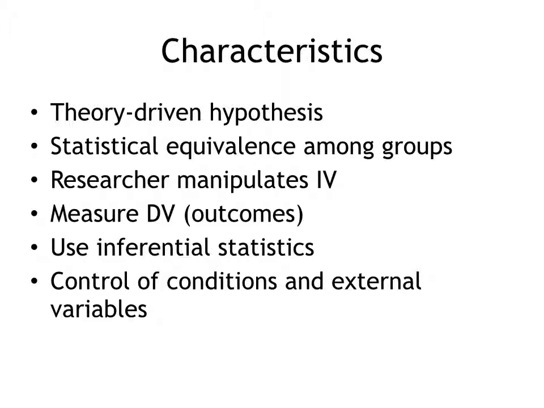Experimental research is where we actually get in and use true inferential statistics, not just describing what is, but doing an analysis to be able to say how much confidence we have in saying that the intervention affected the outcome. And then there's the control of different conditions and external variables. And all of those are characteristics of experimental research.